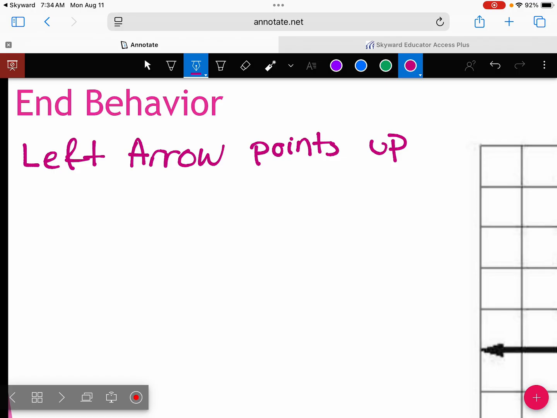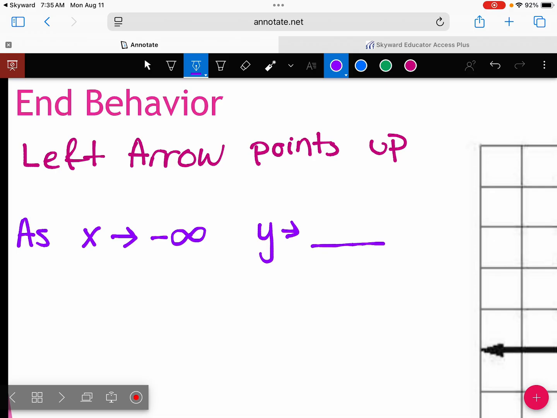The way we word this in math combines our domain with it. We say as x goes towards negative infinity, so as x gets smaller and smaller, and this is written with symbols. So we say as x, we draw an arrow, minus infinity. This means as x gets real small, my y's are going to approach, and this is where we fill it in.